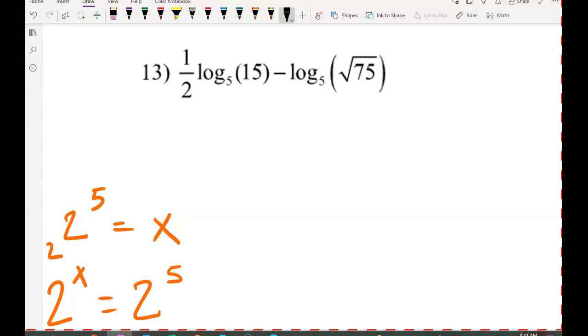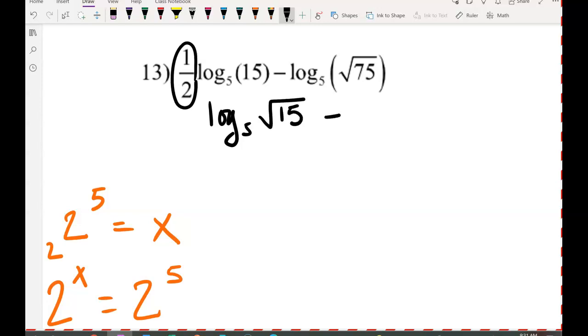So do a what? How do we undo the half? Where does it go? Yep. Guys, 15 to a half power. What kind of radical is that? Square root, right, guys?